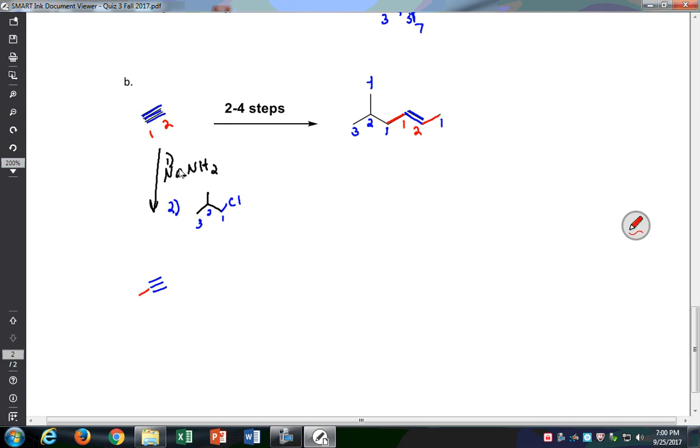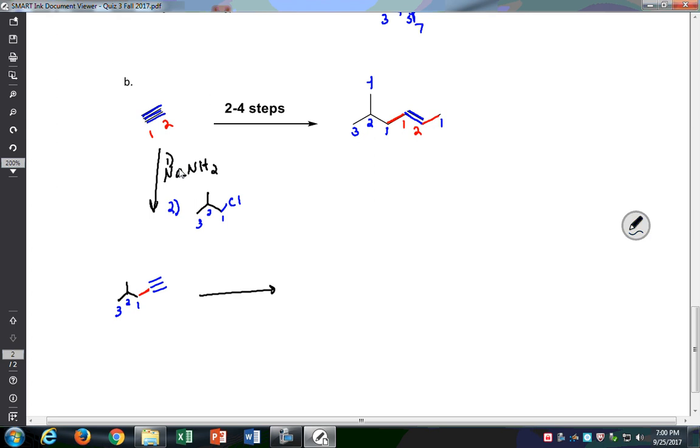And of course in the key, I use more colors than red and blue, so it's a little bit more clear. And that carbon is a primary alkyl halide, so that's perfectly okay.